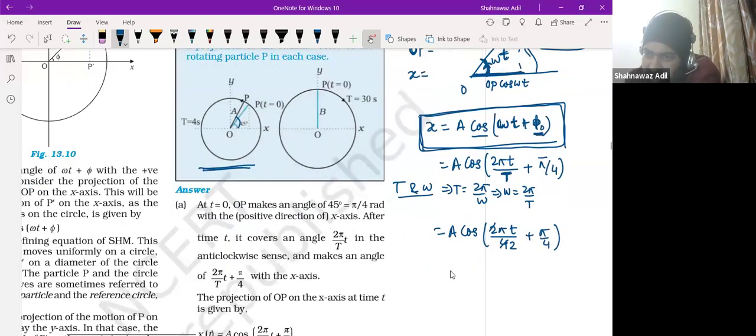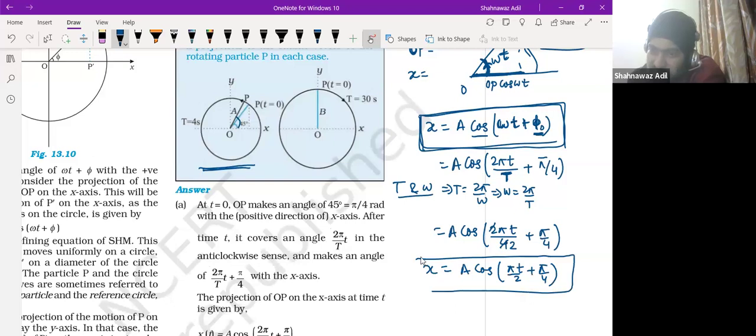This would simply be A cos of pi t by 2 plus pi by 4. So this would be the value, the projection of this vector. Is it clear, guys?